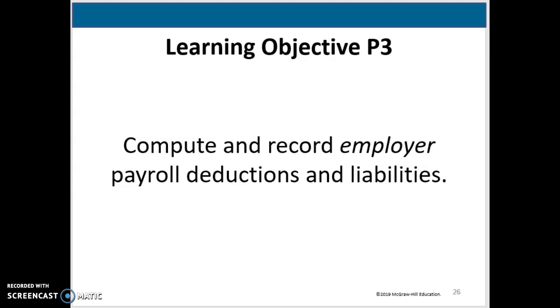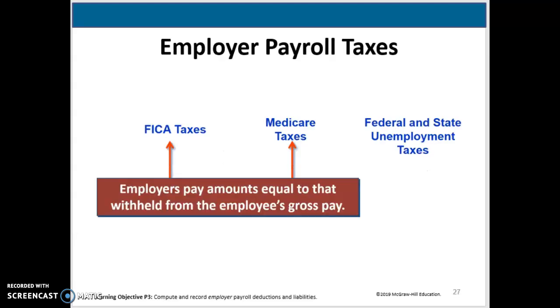So the employer has taxes that they, as an employer, have to pay also. So remember when we did the employee FICA and Medicare taxes? The employer is required to pay the same amount that the employee pays. So the employee pays 6.2%, so does the employer.